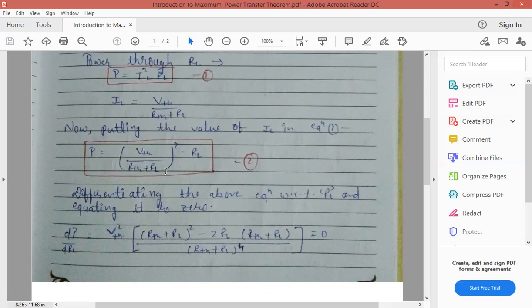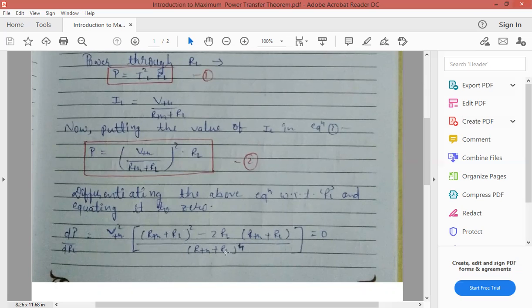This is in the form of U by V. When we differentiate the U by V form, the formula is: in the denominator V square, in the numerator V into dU by dRL minus U into dV by dRL.